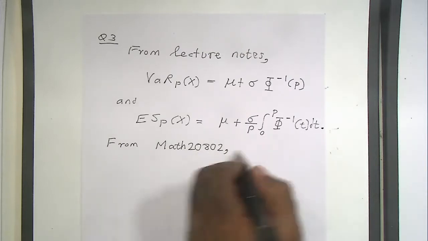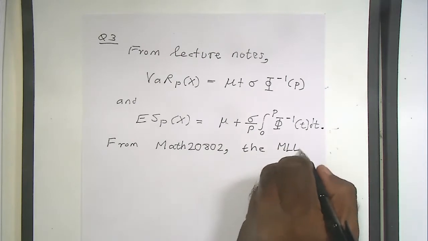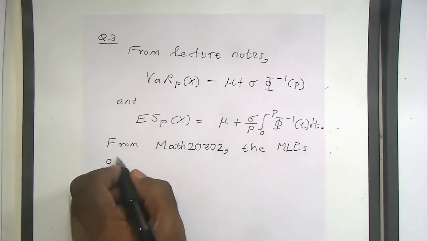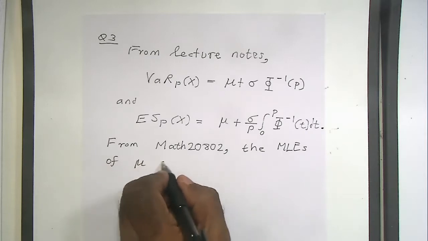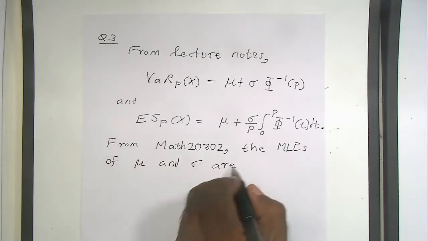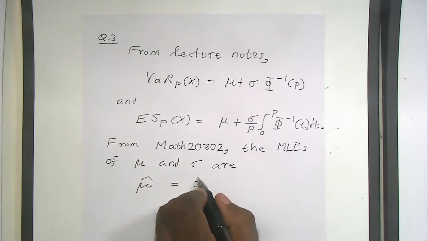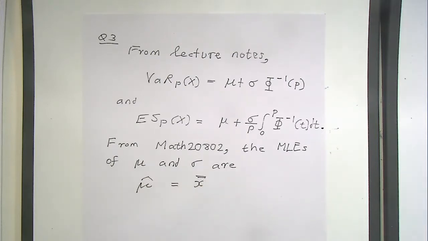I mean, from statistical methods, the MLEs of mu and sigma are, mu hat is the sample mean, yeah, and sigma hat is the square root of 1 over n times the sum.